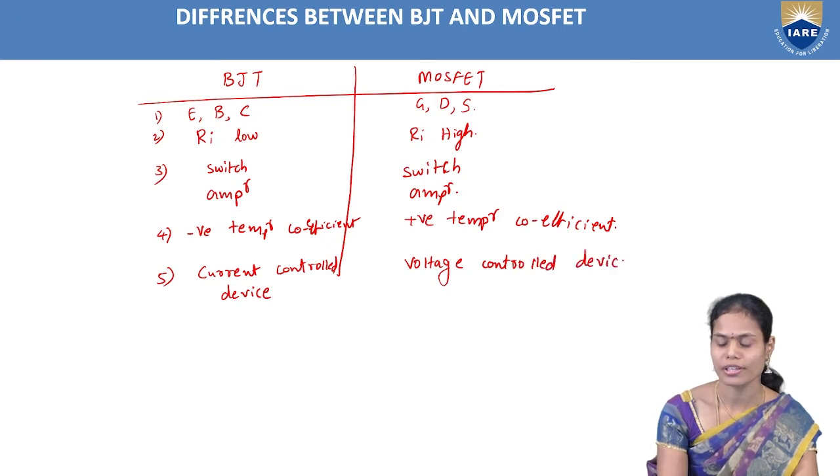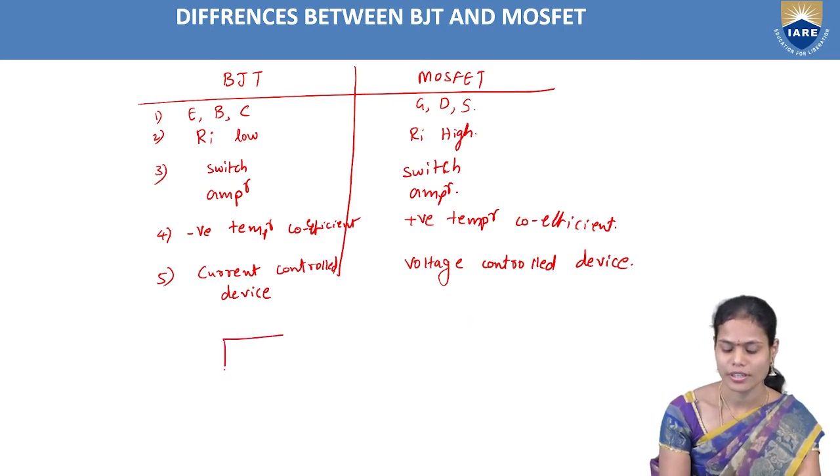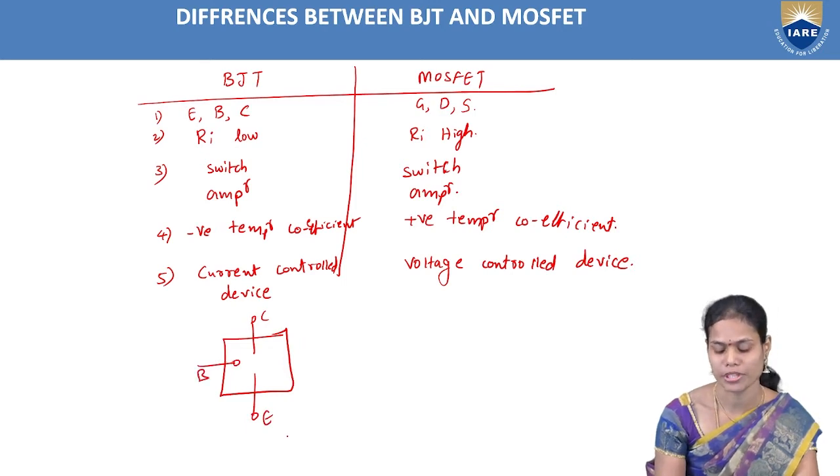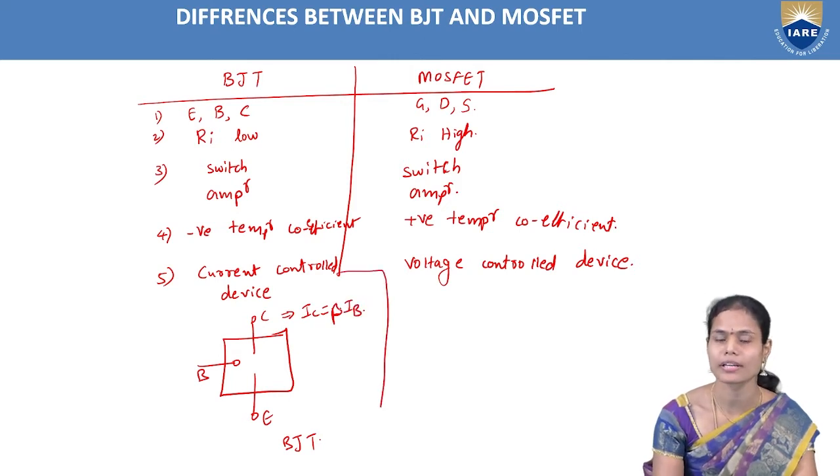Why do we call BJT a current control device and MOSFET a voltage control device? If we take any BJT, it has the terminals collector, emitter and base. Here the collector current IC equals beta into IB, that is, the current amplification factor into the input current. IB is the input or base current.